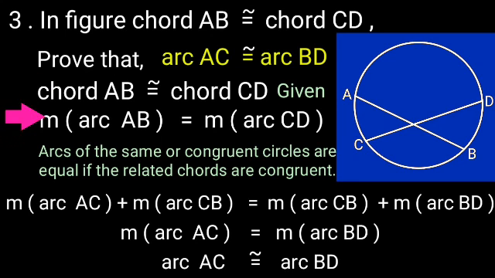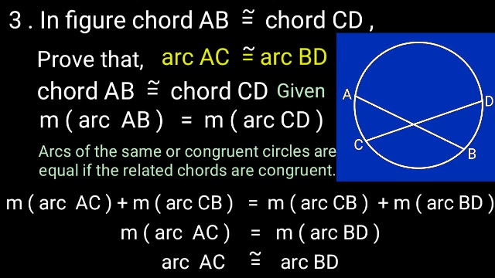We know that in a circle or in a congruent circle, if the chords are equal, then their corresponding arcs are also equal. Hence, measure of arc AB is equal to measure of arc CD. Reason: arcs of the same or congruent circles are equal if the related chords are congruent.